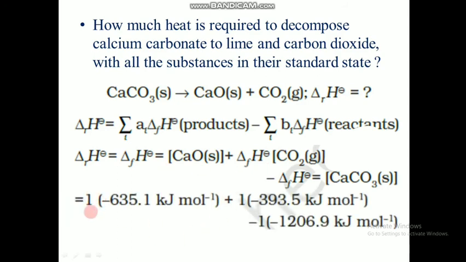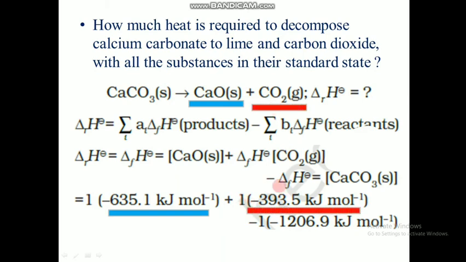It will become 1 into, so this 1 is for the CaO, the stoichiometric term. Here when there is nothing, we are substituting 1. So 1 is the stoichiometric coefficient. 1 into negative 635.1 kilojoules per mole is the enthalpy of formation of CaO. That we substituted, and with the minus sign we will understand that it's an exothermic reaction, plus 1 into negative 393.5 kilojoules per mole of CO2.